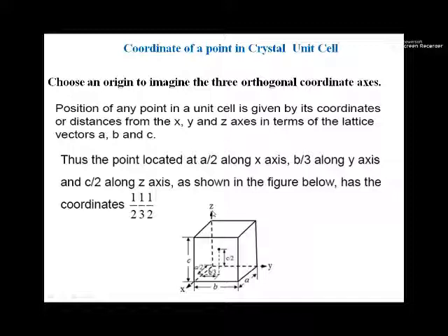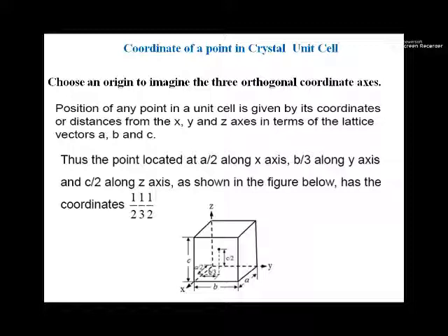This is the coordinate system, and the axes of this coordinate system must coincide with 3 edges of the unit cell, and we have to define the 3 lattice vectors, that is a, b, c. Now you just take a particular direction.